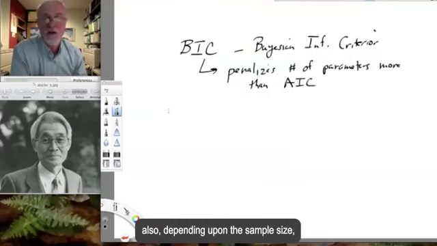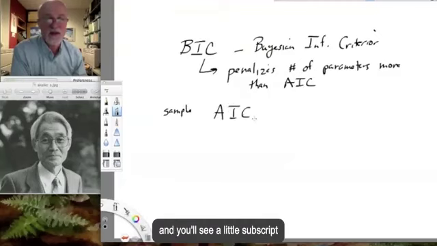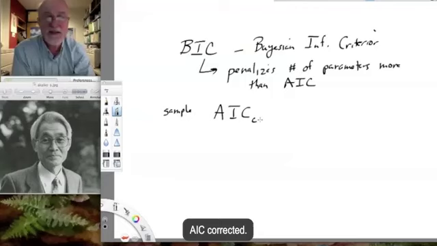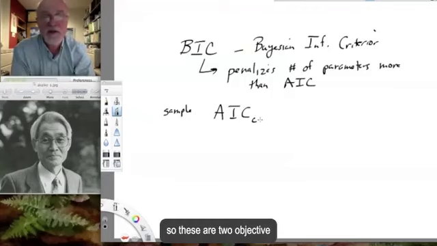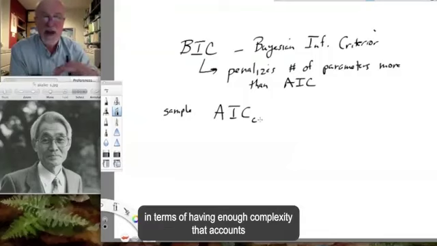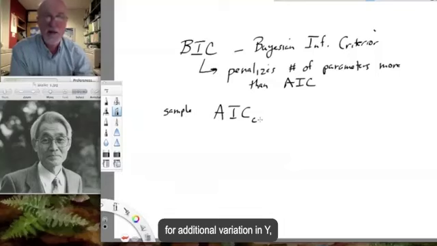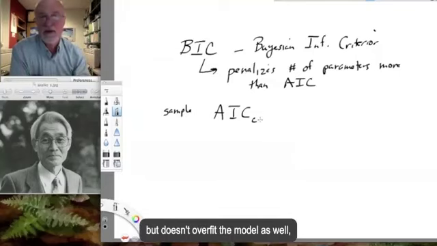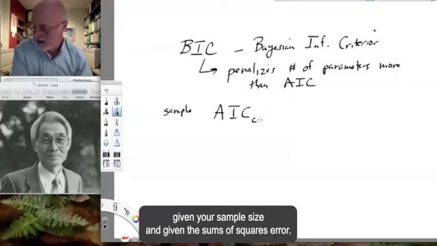Also, depending upon the sample size, you may need to correct the AIC value, and you'll see a little subscript, AIC corrected. So these are two objective ways of deciding on a model that is most appropriate in terms of having enough complexity that it accounts for additional variation in Y, but doesn't overfit the model, given your sample size and given the sums of squares error.